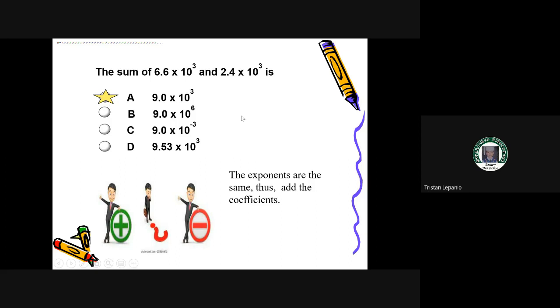Let's see. 6 plus 4 is 10. Carry 1, 3 plus 6 is 9. So, 9.0 times 10 to the 3rd power. That is correct. Remember, the exponents are the same. Thus, add the coefficients.